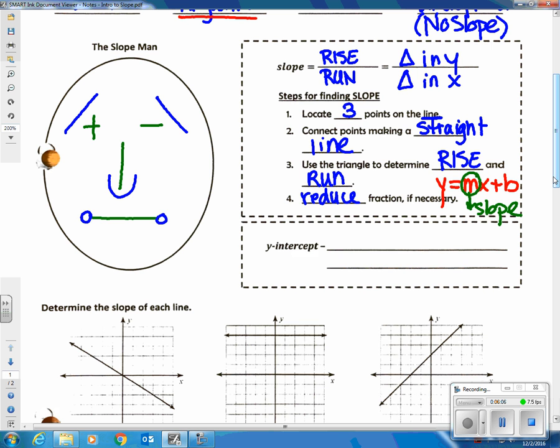The y-intercept, this is another important concept. It's where the graphed line crosses the y-axis.